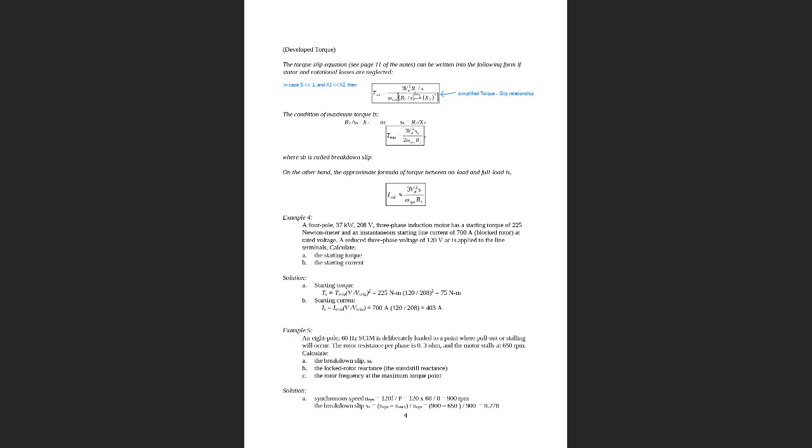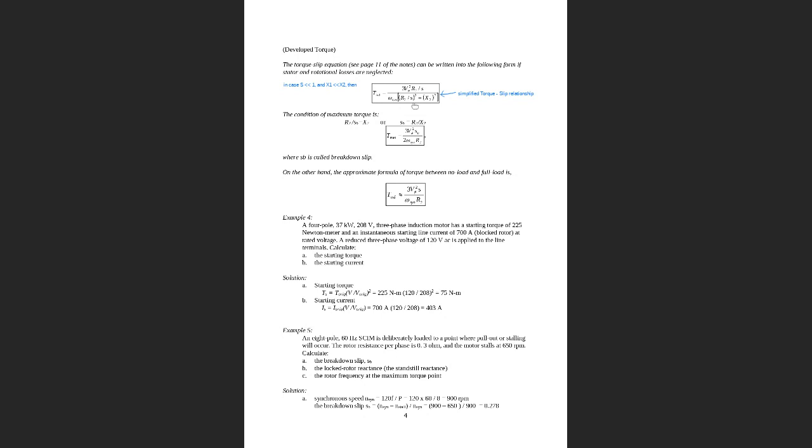S here is the slip, and omega synchronous is the synchronous speed, which depends on the frequency of the applied current and the number of poles of the stator. X2 here is the leakage reactance of the motor, referred to the stator.